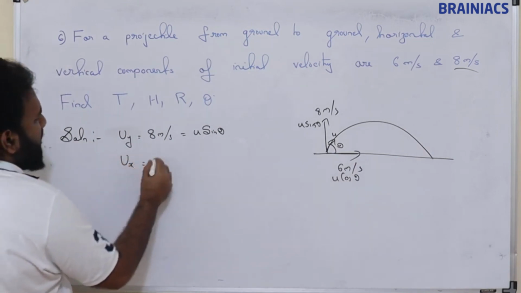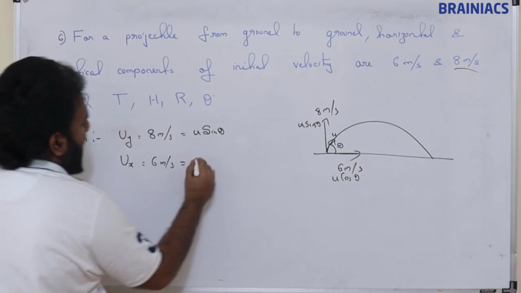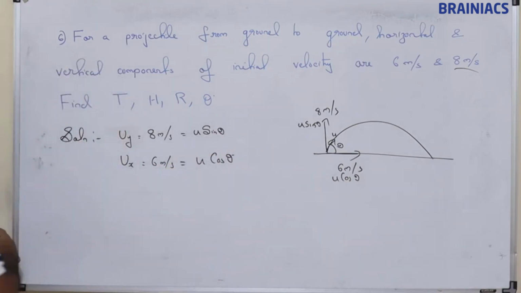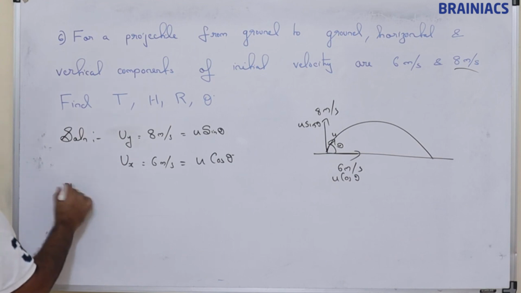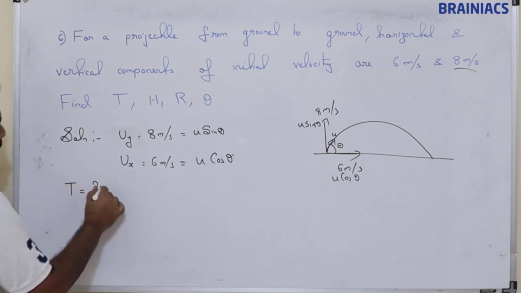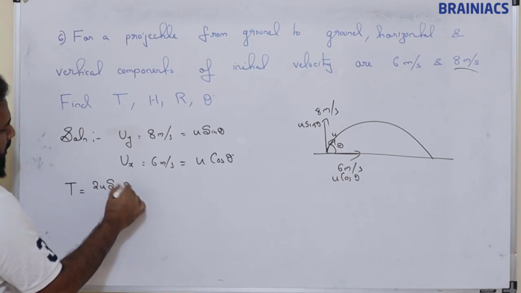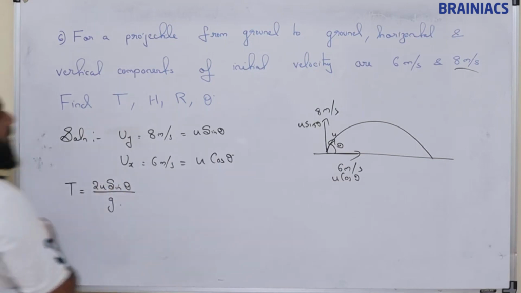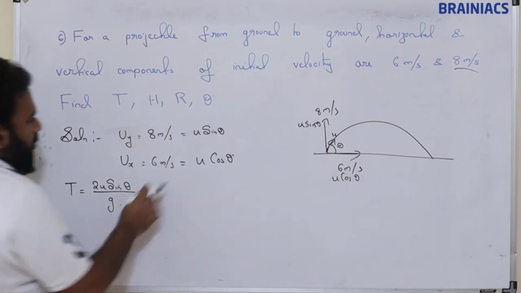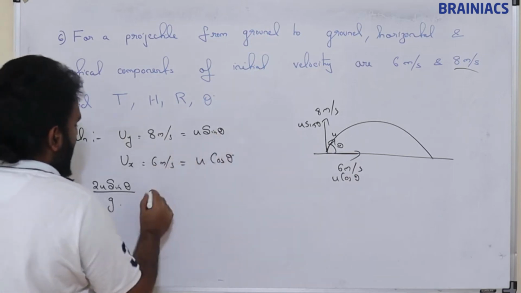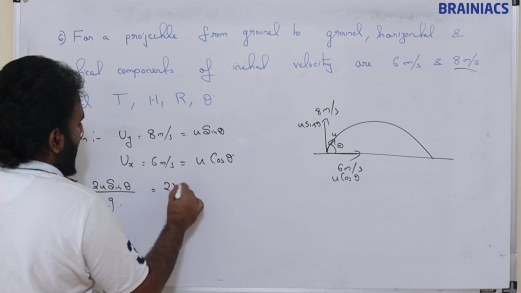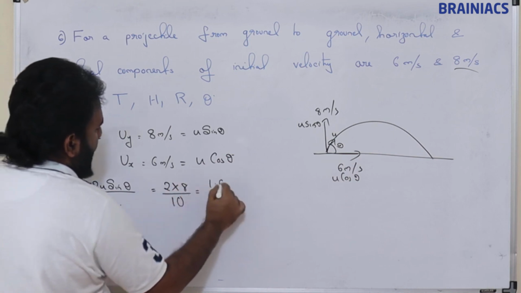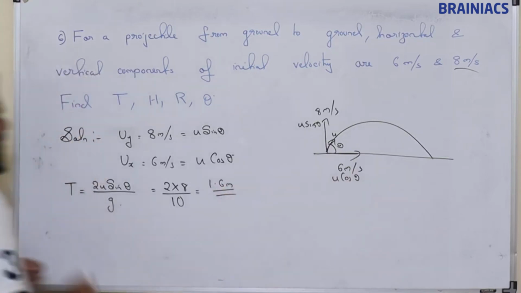And ux is 6 meter per second, which is u cos theta. Right, so time of flight, the formula is 2u sine theta divided by g. So we'll put 2 into 8 divided by 10. So 1.6 seconds is the time of flight.